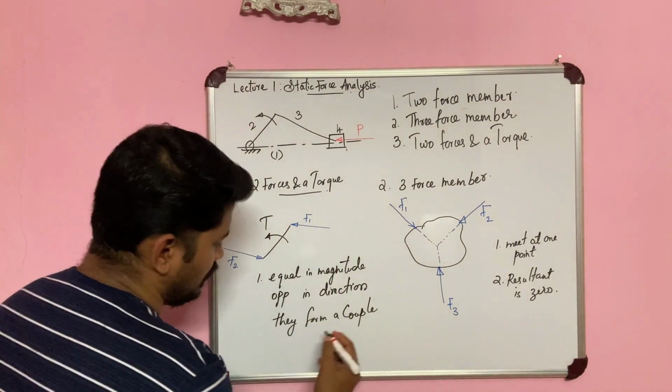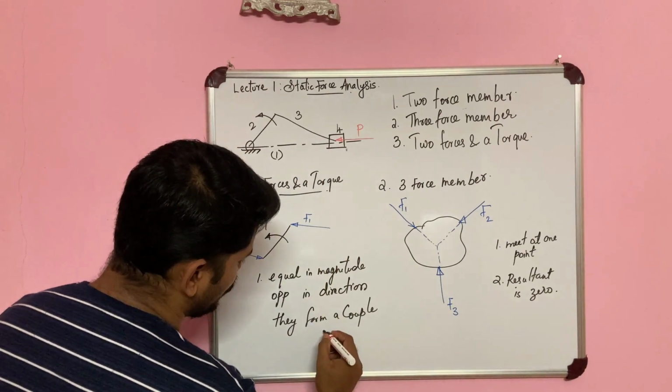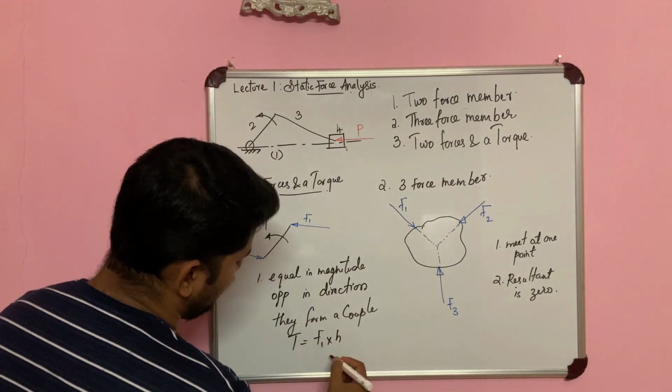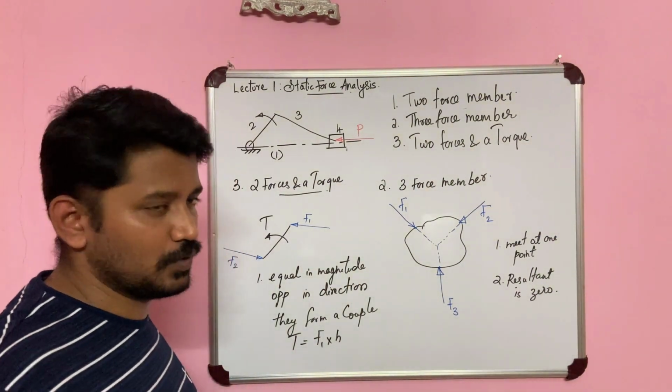Okay, so here this couple is given by the formula. Take any one force, F1, into h. So T is equal to F1 into h, that is force into perpendicular distance. So couple is nothing but force into perpendicular distance.